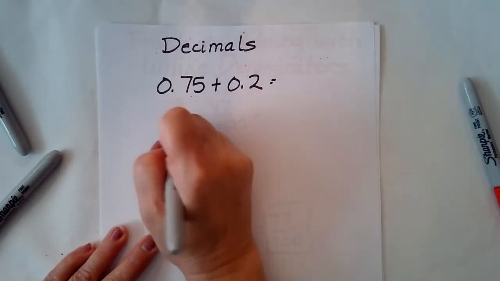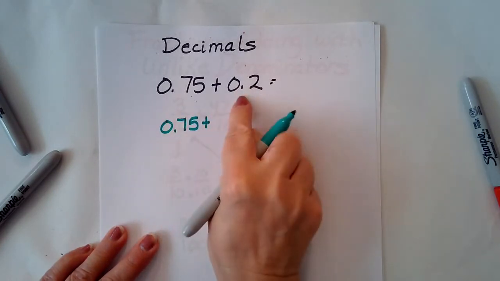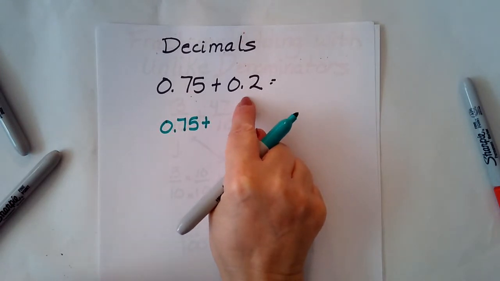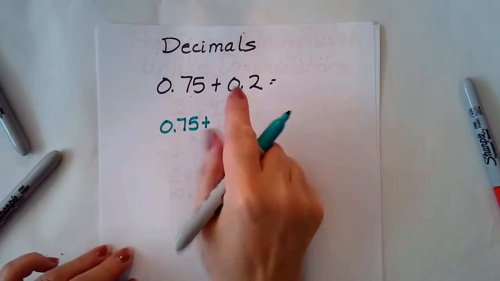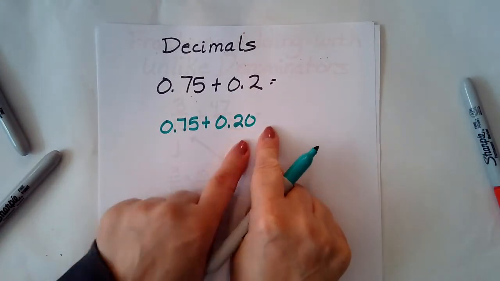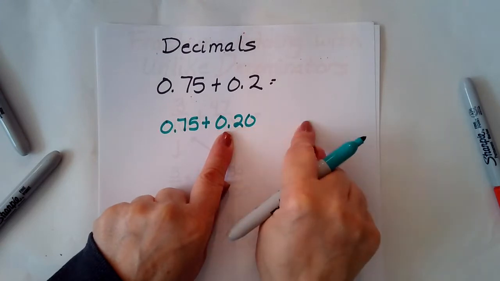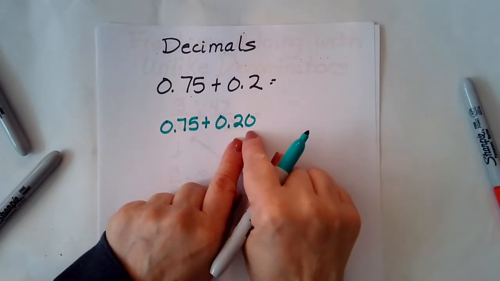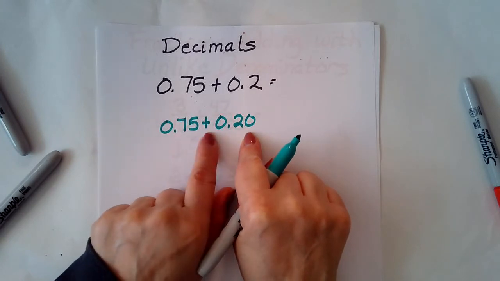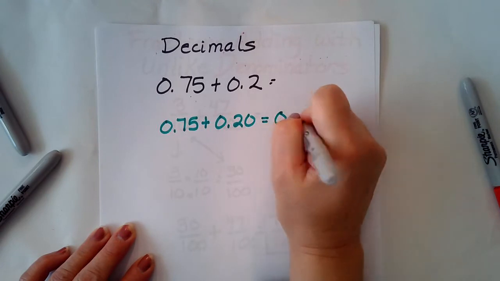So I'm going to bring down the 75 hundredths, and I can write an equivalent decimal and write 0.2 as 0.20 or 20 hundredths. And remember, it doesn't matter how many zeros you put after the 2. It's going to be the same amount, but now we just made it in the hundredths place. 0.75 plus 0.20.